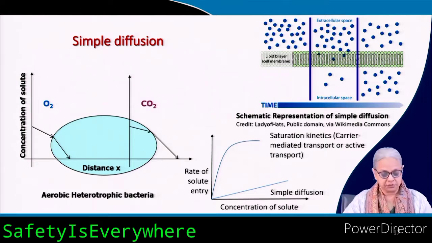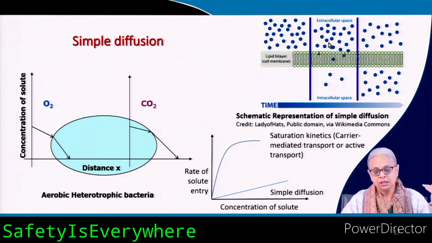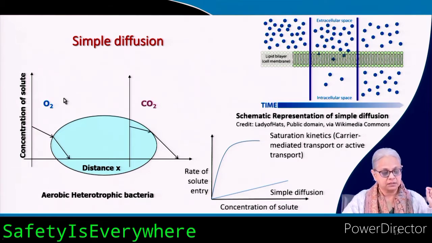So here we have simple diffusion. Let's take a look at this schematic that describes simple diffusion. So you have your phospholipid bilayer, and let's assume it has some substrate, some nutrient, some food that is there in the environment which needs to be brought into the cell. So over time, what will happen? This substance, if it is perhaps a gas like oxygen or CO2, we know that water cannot do this.